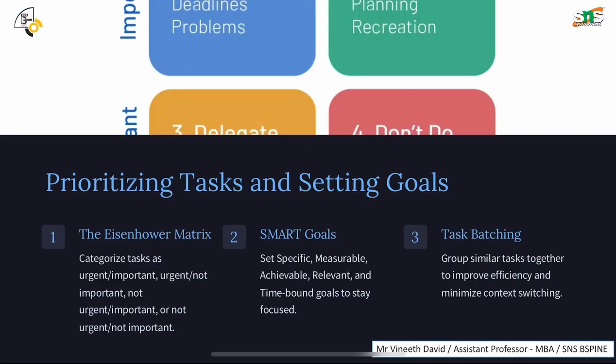Yes, prioritizing tasks and setting goals. Categorize tasks as urgent and important, urgent but not important, not urgent but important, or not urgent and not important. These are the phrases which we are going to use in time management of project management. So urgent and important is a file that is very urgent and important to submit, so it should be given a higher priority.